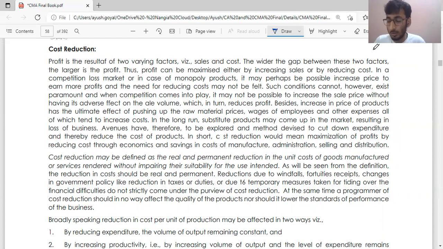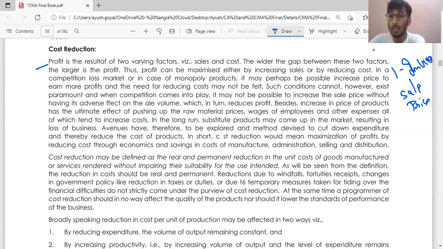Now, if you are thinking about achieving profit, there are definitely two ways. Either you can increase the sales or you can reduce the cost. The first point is easy, that you can increase the sale price.